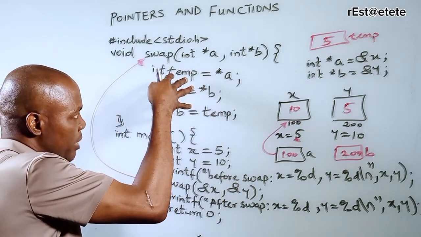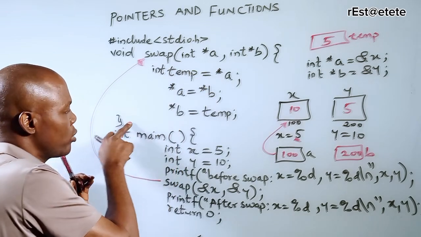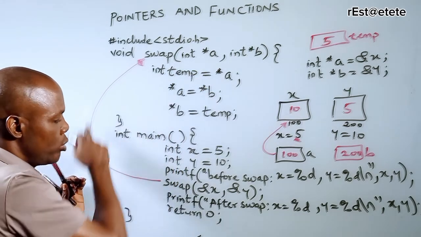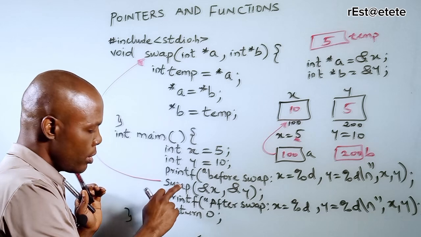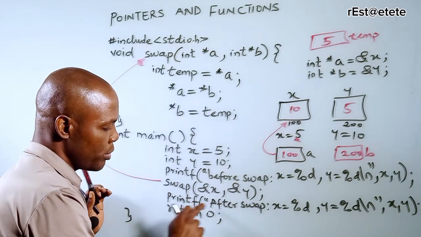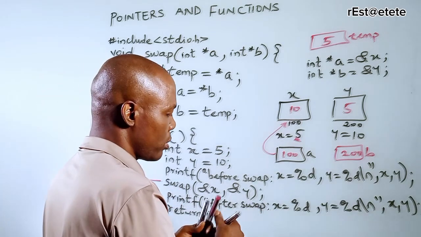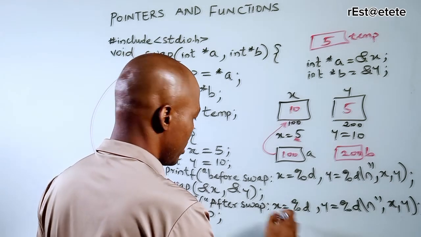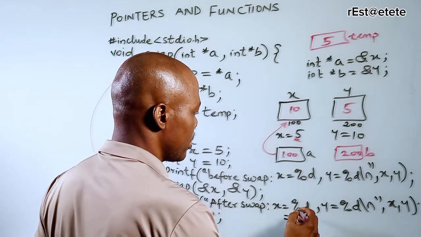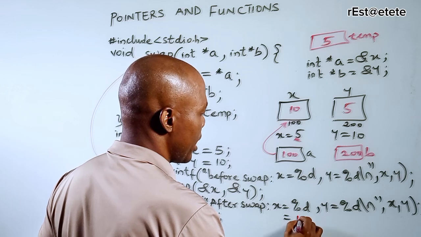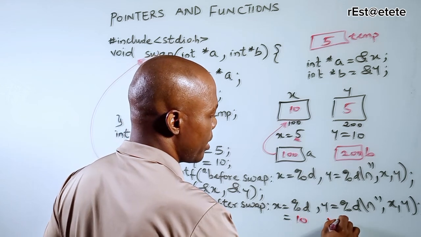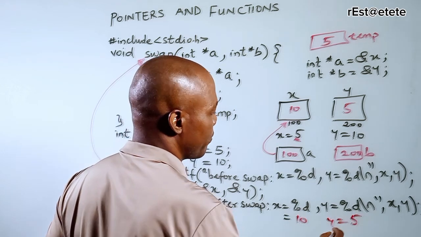Once that is performed, this task is done and it gets to this curly bracket, it will return back to the calling function. At this point, printf after swap: x is now 10 and y is now 5.